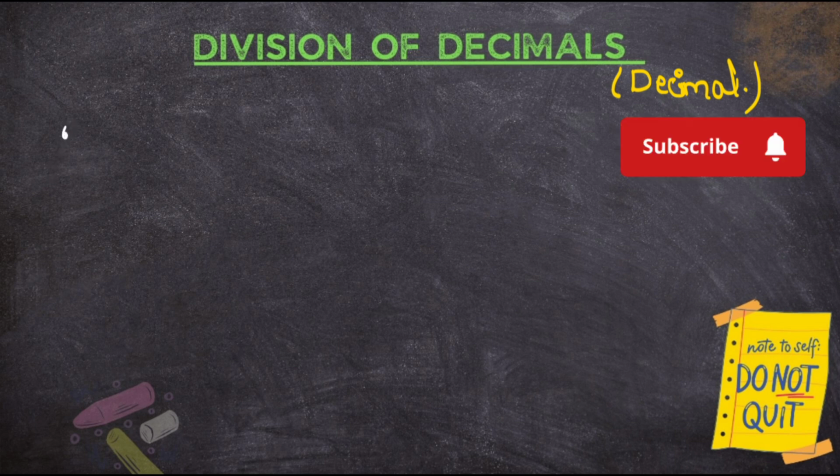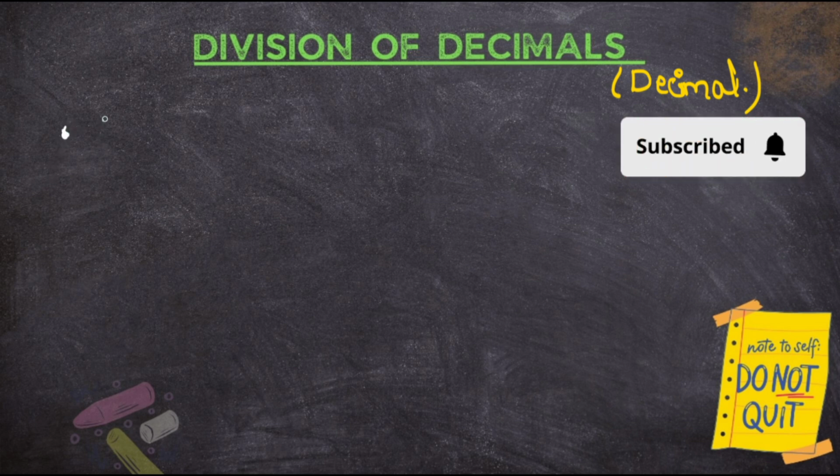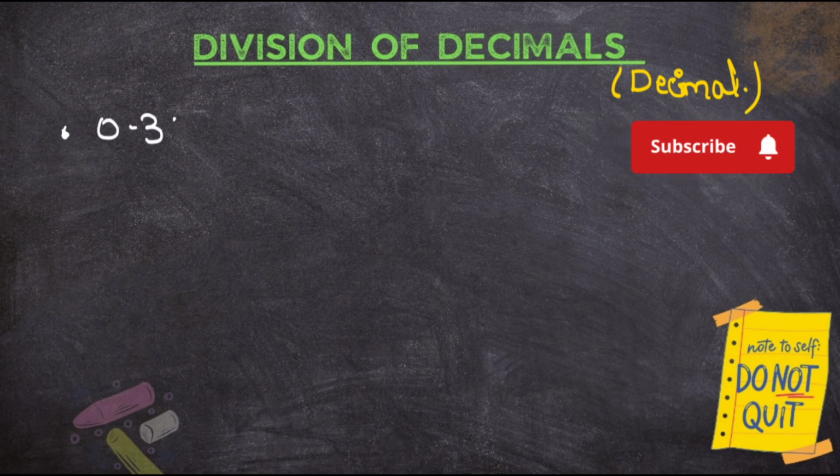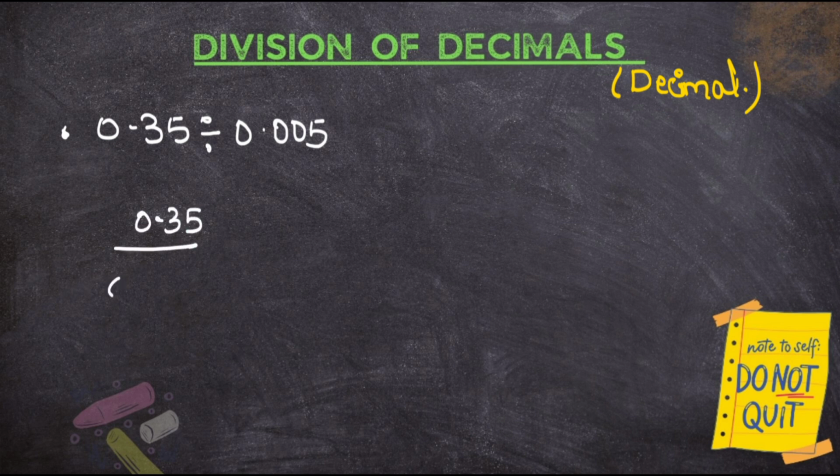Now let's take the last question for this video, which is 0.35 divided by 0.005. First step, write this in the form of a fraction. 0.35 divided by 0.005. What you see, there are 3 digits after the point in the denominator.